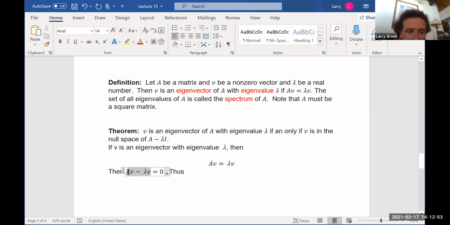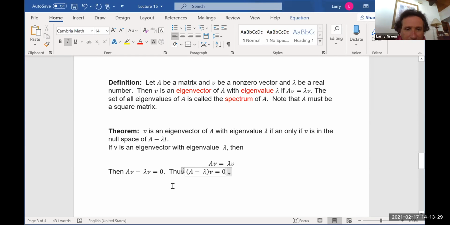Can I do the following? Can I factor out V and get A minus lambda equals 0?